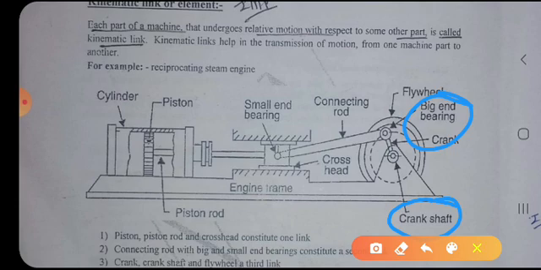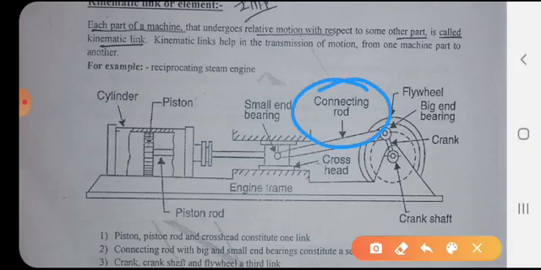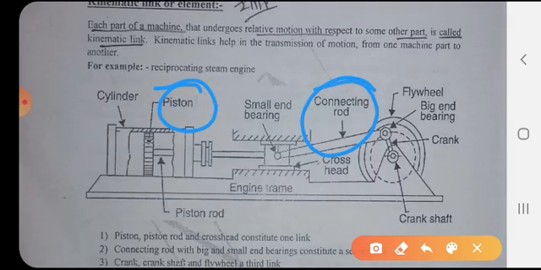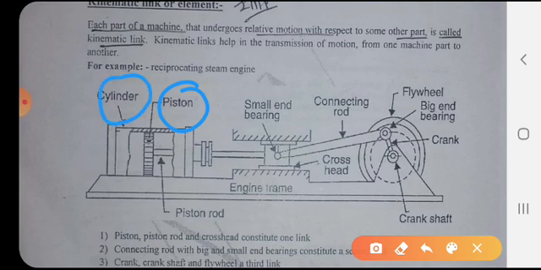The connecting rod and the crank form the second pair, and the piston with the connecting rod forms a third pair, and the piston with the cylinder forms the fourth kinematic pair.